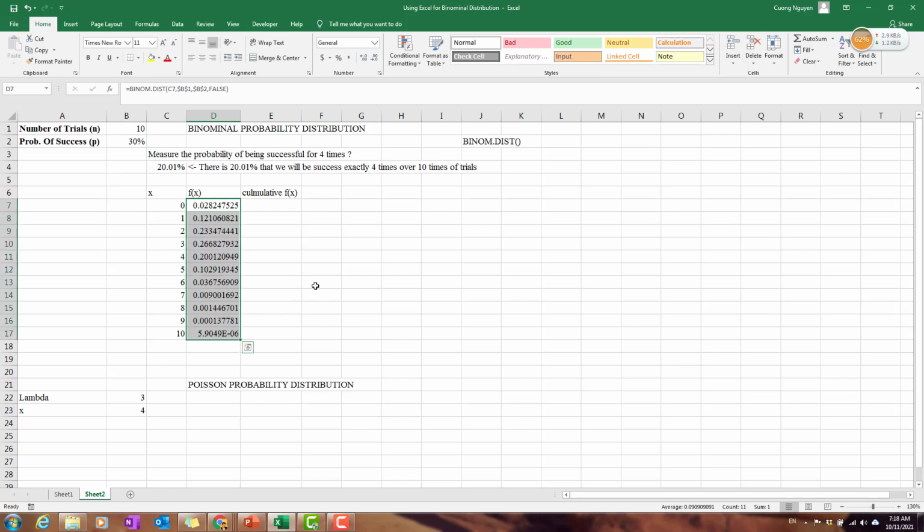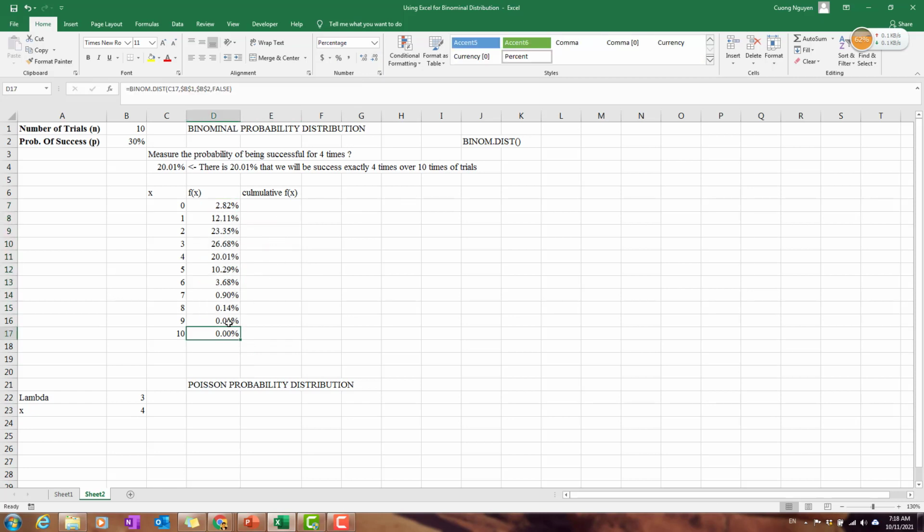The same thing for probability. You can easily change it into a percentage if you want. It is almost 0% for exactly 10 times, but it reaches the highest value at about 3.